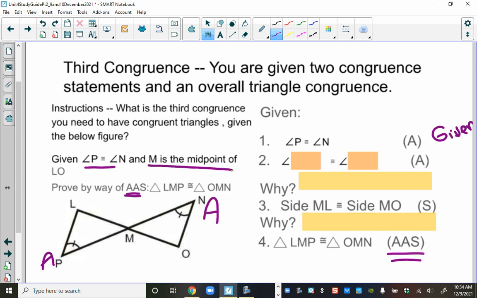M is your midpoint between L and O. What does that mean then? If M is the midpoint between L and O, what can we say about the distance between L to M and M to O?